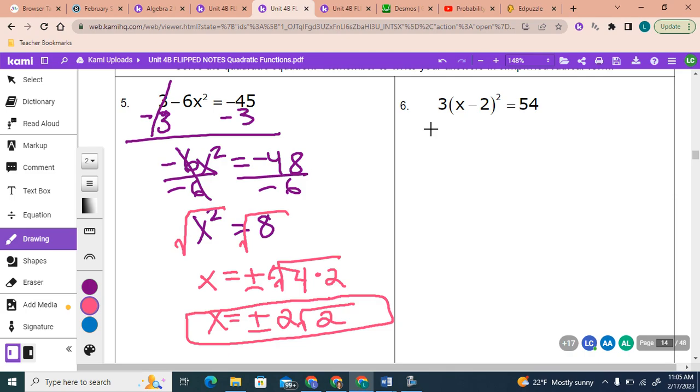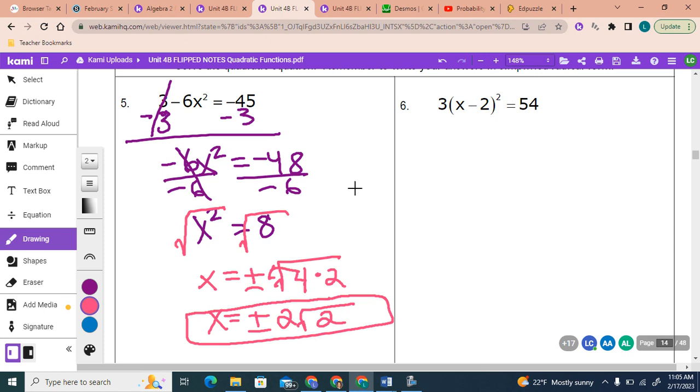What are we doing with that 3 out front? Hold on. Listen to my question. What is that 3 doing out front? Not what do we do to it? What is it doing? It's multiplying. How do we undo multiplying?